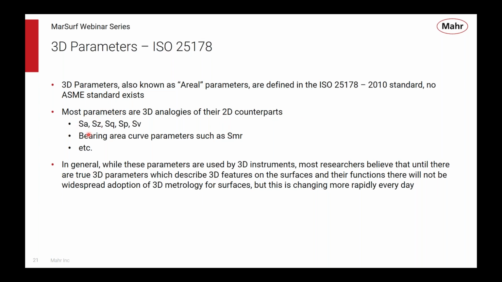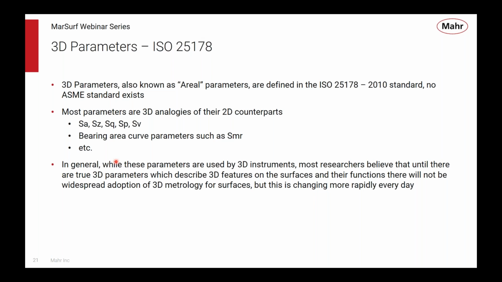There's Sa and Sz. There's bearing area curve parameters, if you're familiar with bearing area curve, Abbott-Firestone curve kinds of analysis methods. But a lot of these parameters are just three-dimensional mathematical adaptations of what people are used to doing in 2D.